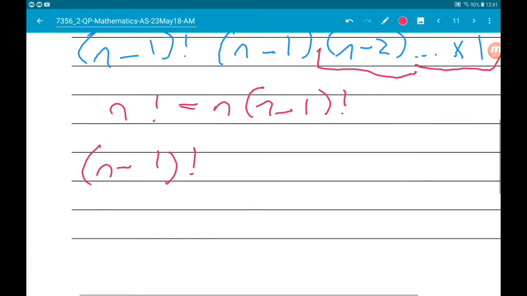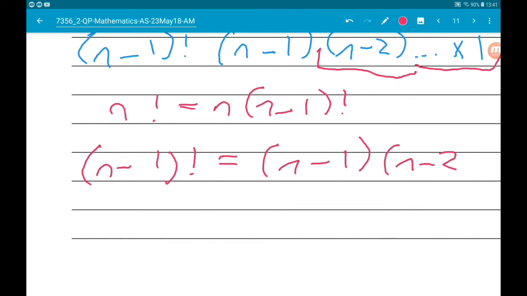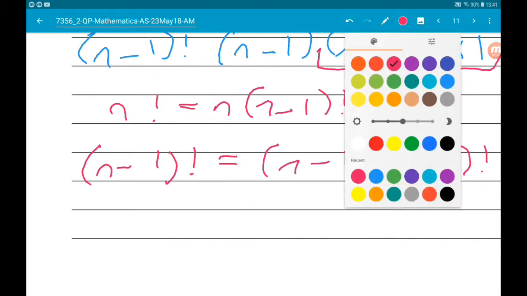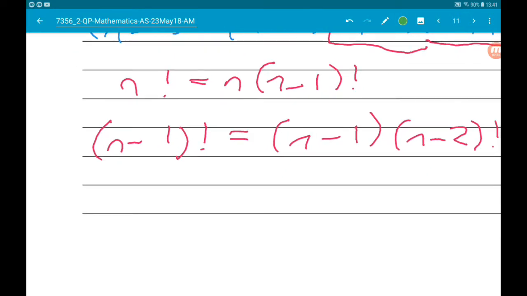So we could say that n minus 1 factorial is n minus 1 times n minus 2 factorial. We could even say that n factorial is n times n minus 1 times n minus 2 factorial. So hopefully you're all happy with this kind of idea, because we're going to be using it for this monster of a question.